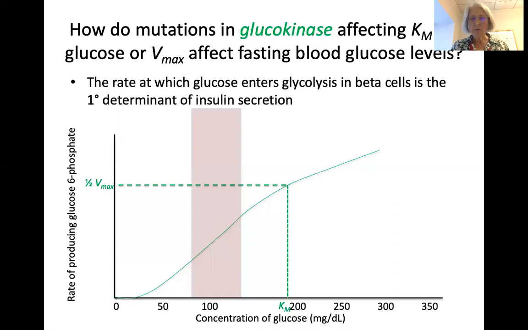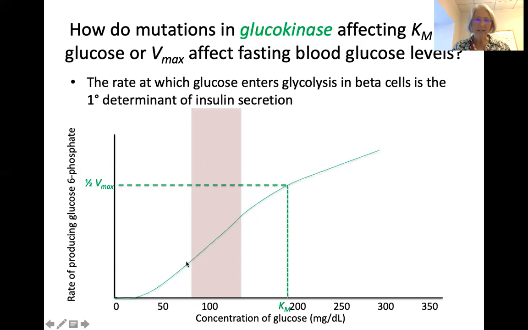An important thing to remember here is that the rate of insulin secretion depends primarily on the rate at which glucose enters glycolysis in the beta cells. The glucose goes through glycolysis, affects how much ATP is made in those cells, and that stimulates insulin secretion. And the rate at which glucose enters glycolysis in beta cells depends on glucokinase.